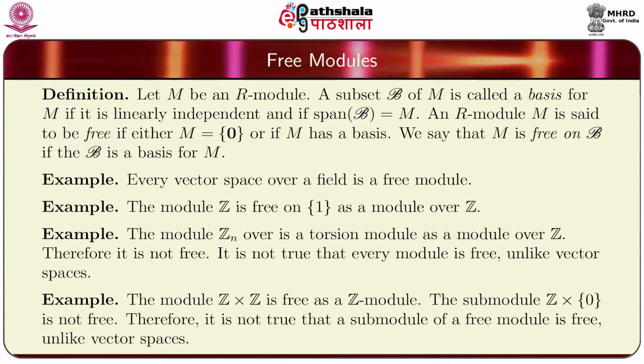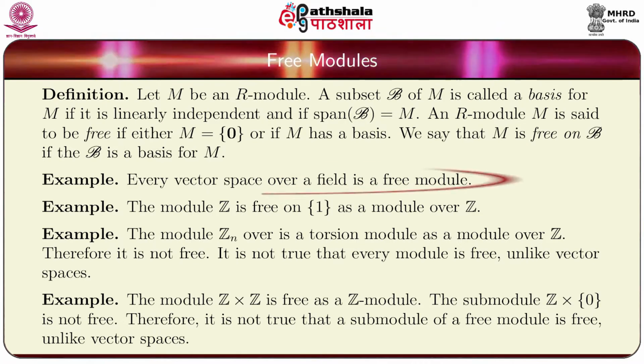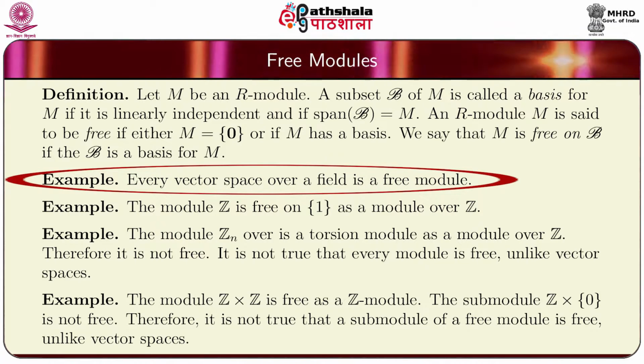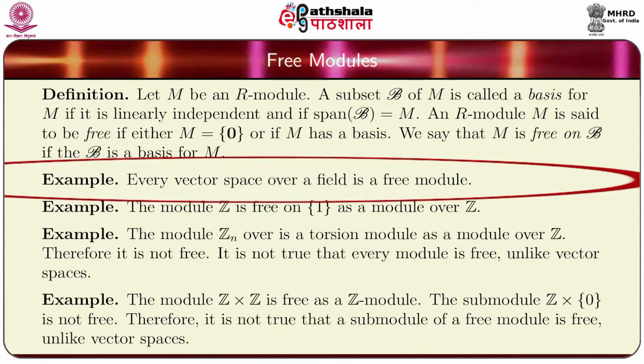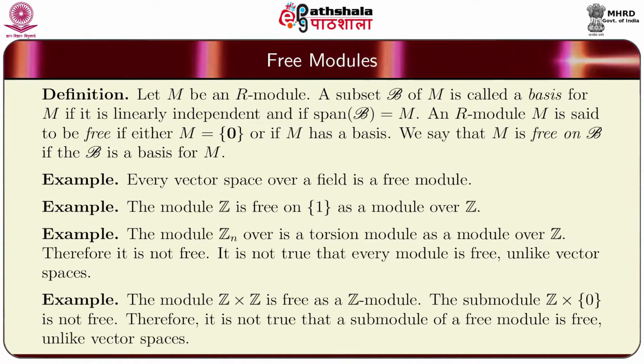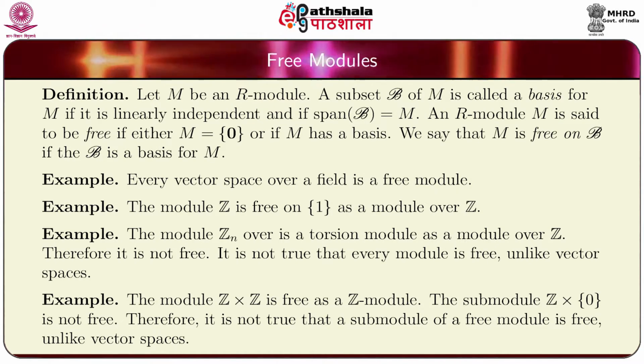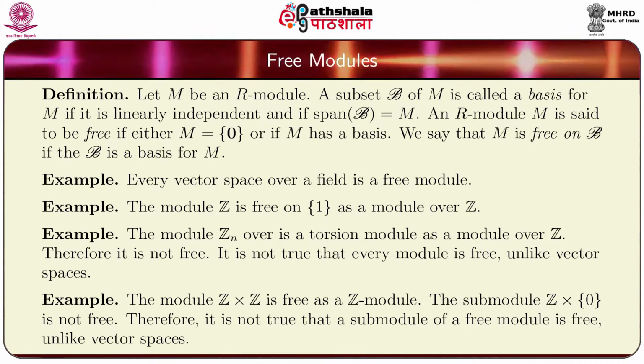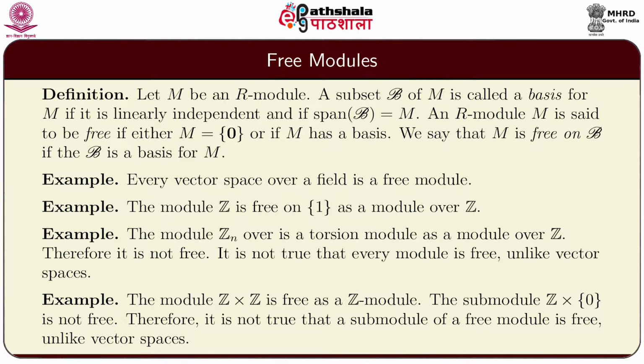Some examples: every vector space over a field is a free module, because we know that every non-trivial vector space has a basis. Next example, the module Z as a Z module is a free module and it is free on singleton 1.